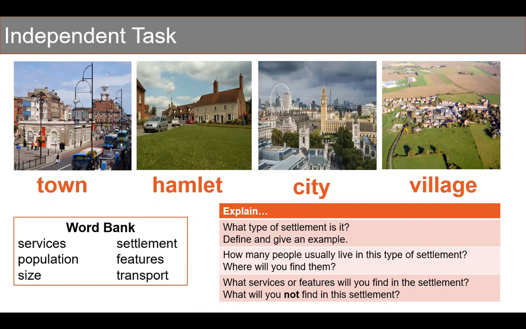You need to tell me what services or features you would find in each settlement, and you can use the activity you've done earlier to help you answer that one. Also tell me which features you would not find in each settlement. You can also use the word bank to help you with your spellings of services, population, size, settlement, features, and transport. Okay, you can pause the video now to do that.